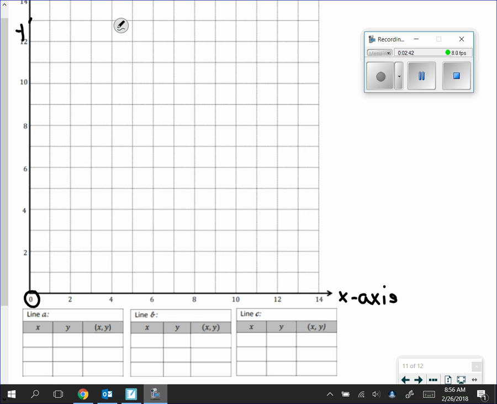So, for line A, Y is 2 more than X. Y is 2 more than X. Okay?